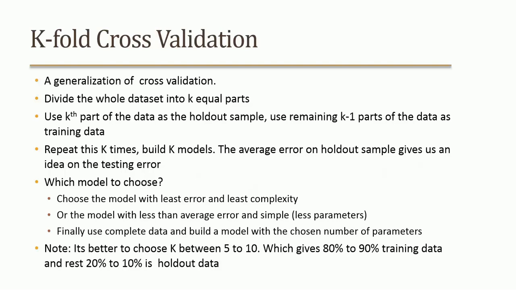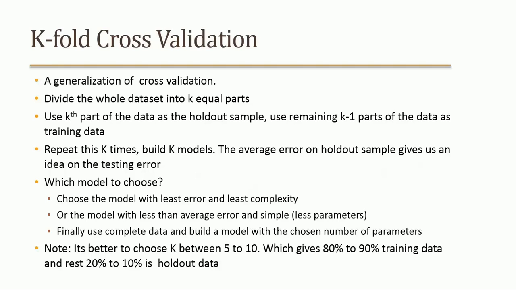Choose the model that has the least error and least complexity, that is, one that is simple as well as capturing most of the information, or the model with less than average error. On the average there is some error. The model with less than average error but that looks simple, that means which has the least parameters. So we can finally build a different model using the overall data set with those many parameters.